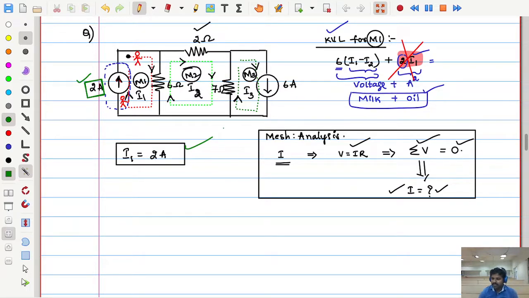So we need not write this entire KVL equation, all these things. Whenever you have this kind of lucky dip in your area, only in your area, not common for anybody, then you are the luckiest person really. That means without writing all these equations, you got your current. Is it lucky really or not?